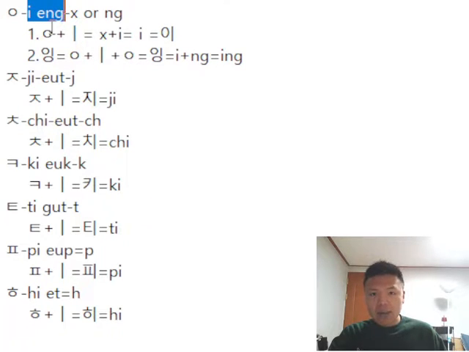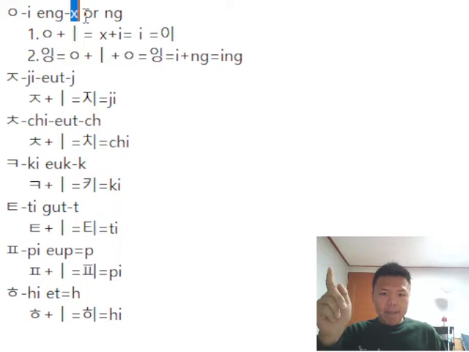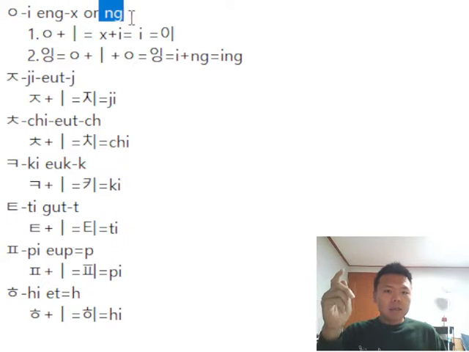In this case, it has two pronunciations. First, it has no pronunciation. And second is ng.